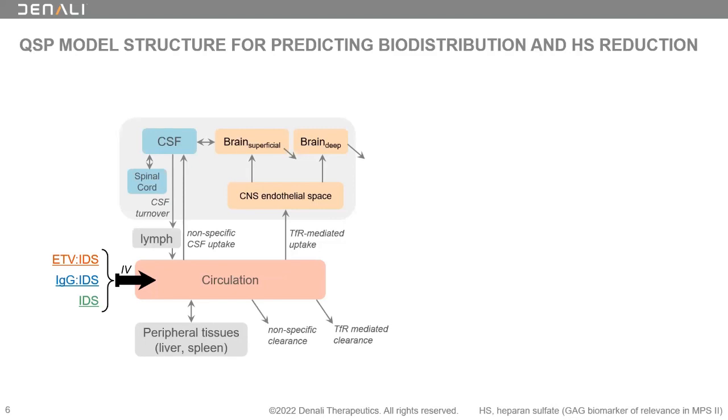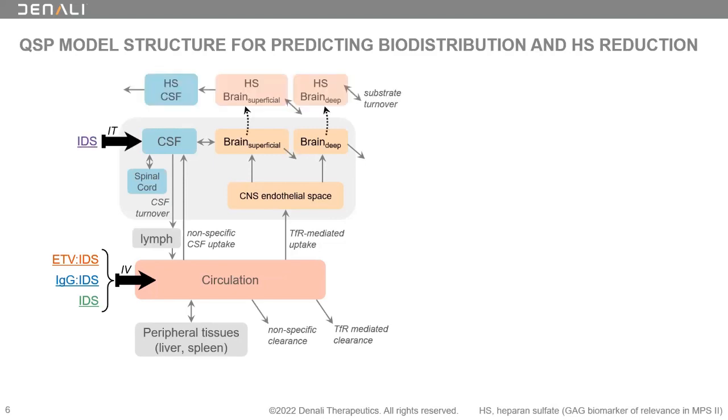Now, getting the IDS enzyme at the site of action, which is the brain, then results in your desired PD effect of normalization of these accumulated GAGs. And in this case, the primary biomarker that was used was heparan sulfate. And these biomarkers then subsequently get measured in the CSF in clinical studies.